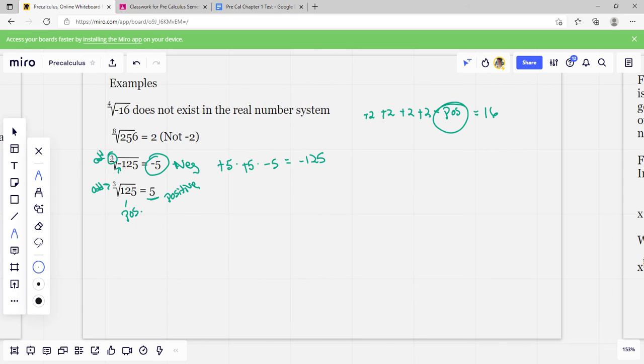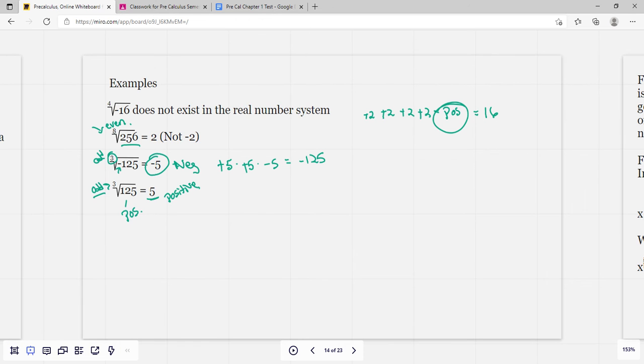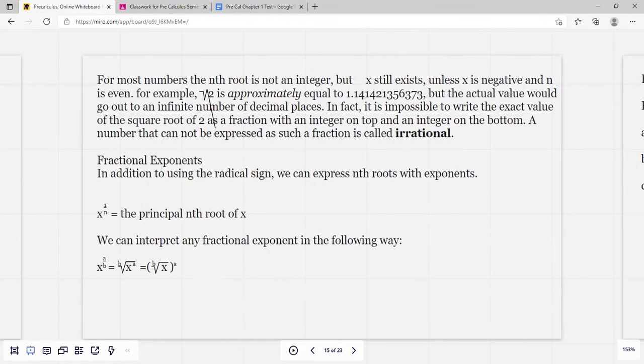Odd, and this is even, so this is going to be positive. So if your n is even, then your x has to be positive. If your n is odd and x is negative, then it's going to be negative. If it's odd and x is positive, then it'll be positive. Hopefully that makes sense.